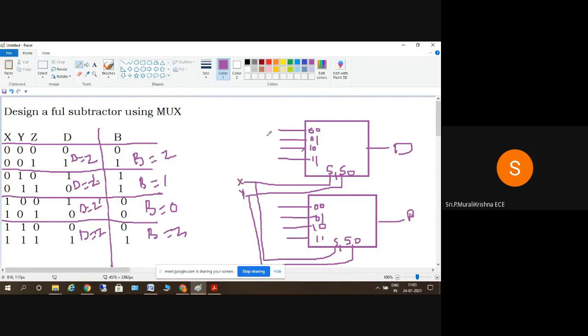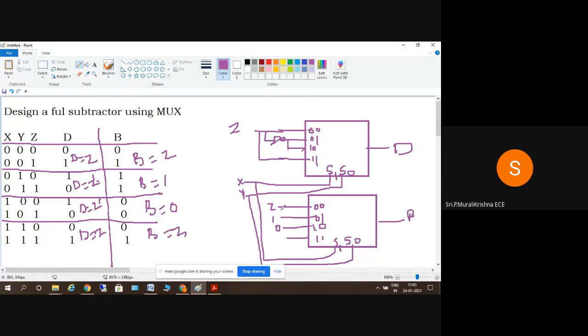Okay, for difference, the inputs are Z, the first input, and next one is Z bar. So give an inverter or just write it, no problem. And the next one is also Z bar. So just join these two. Okay, and the last one is again Z. So drag this and join this. Okay, so here it is Z, 1, 0.